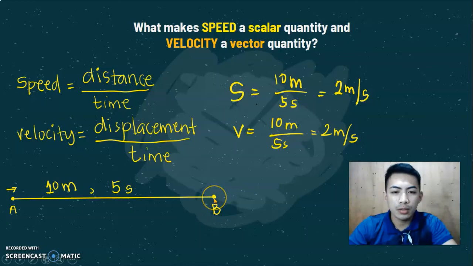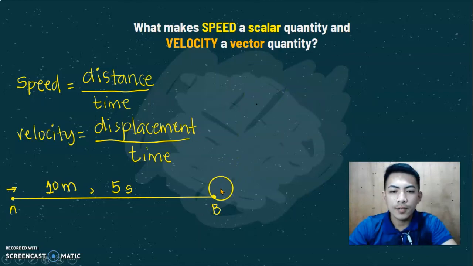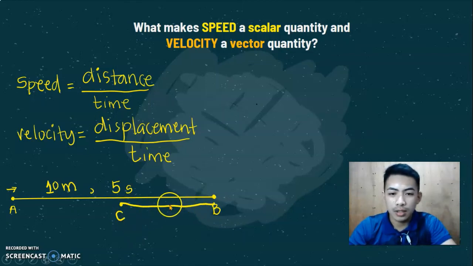So for example, the car will travel from A to B, and afterwards it goes back from B toward this point, and that is point C. Let's say it is a straight line. That means it went back along the same path. For example, this distance is 4 meters, and it covered the distance from B to C in just 2 seconds.